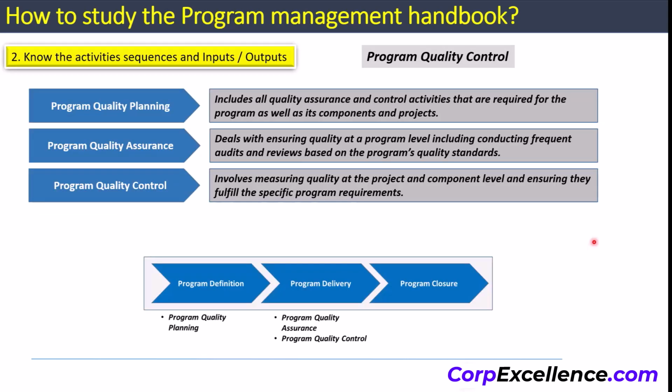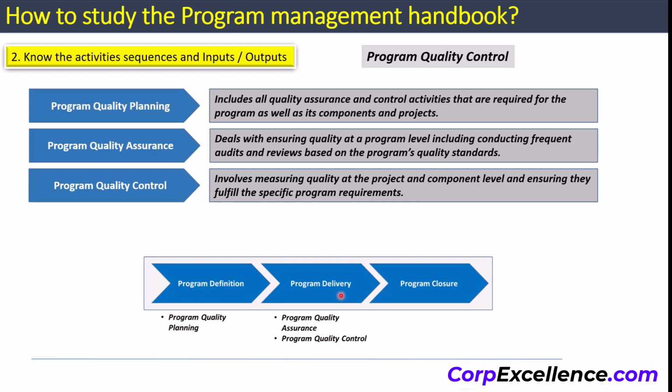Here is another example. We see in this case of program quality control all the sub-activities of this activity. We not only see the primary sub-activities of this main program activity, but also where in the program lifecycle these activities occur. As we see in this picture, program quality planning appears in the program definition phase, and program quality assurance and program quality control are in the program delivery lifecycle phase.